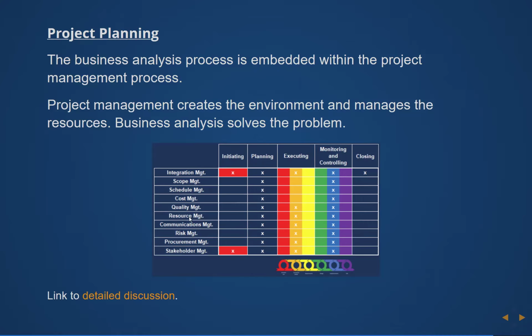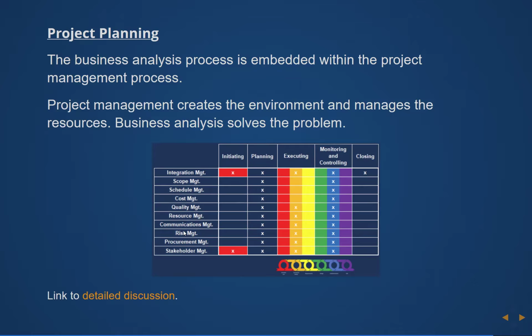Resource management, BAs won't worry about that, PMs do. Communications management, definitely there's a space in the BABOK for that. It's an important part of how BAs communicate with people.